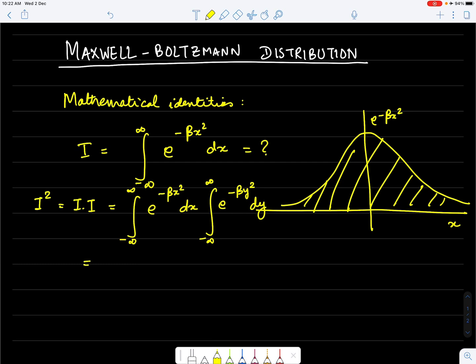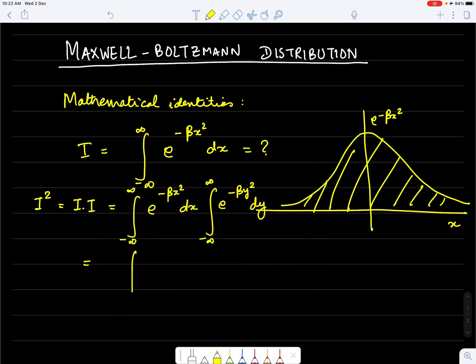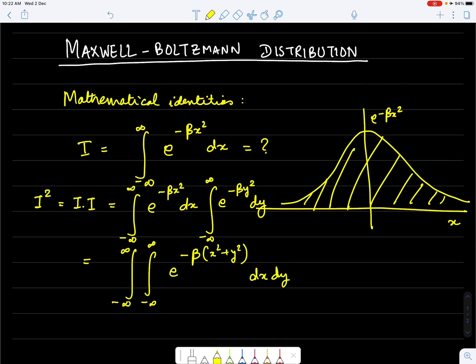I can combine that into a double integral from minus infinity to infinity of e to the power minus beta (x square plus y square) dx dy.